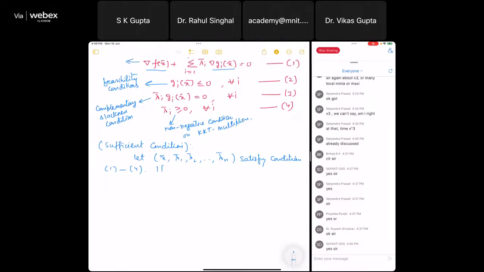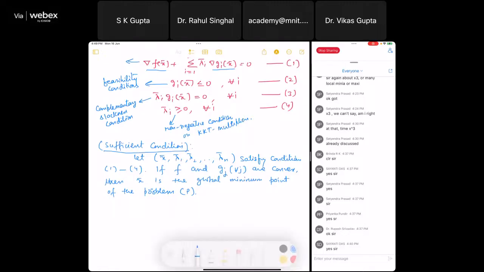And if f and gj's for all j are convex, then x bar is the global minimum point of the problem P. So this is your sufficient condition.